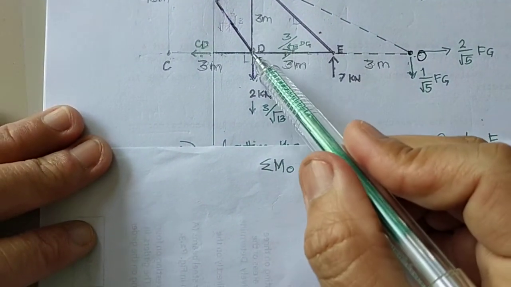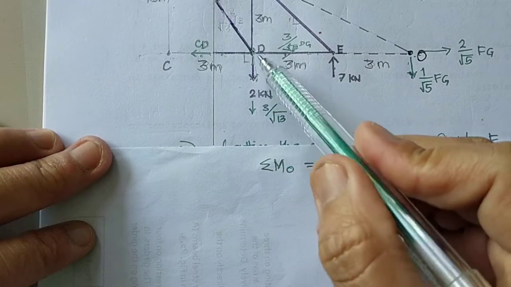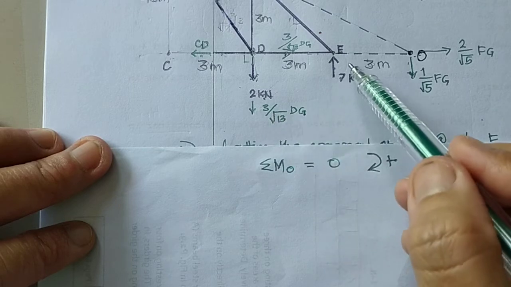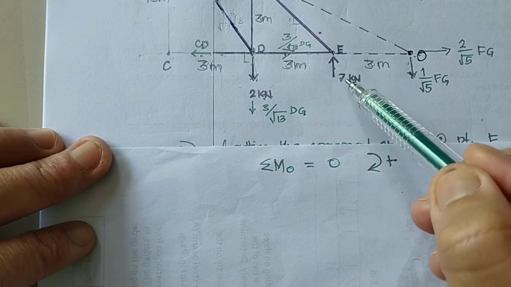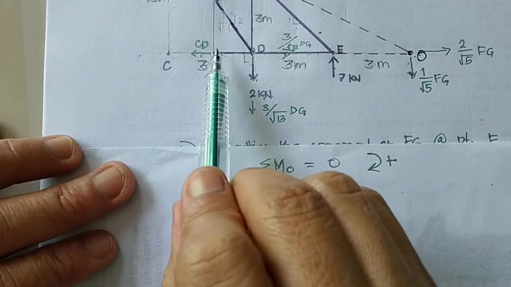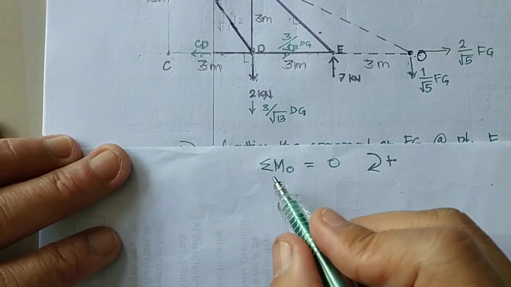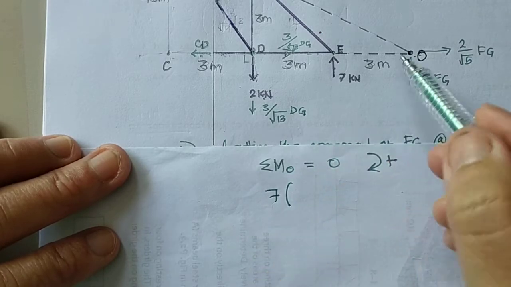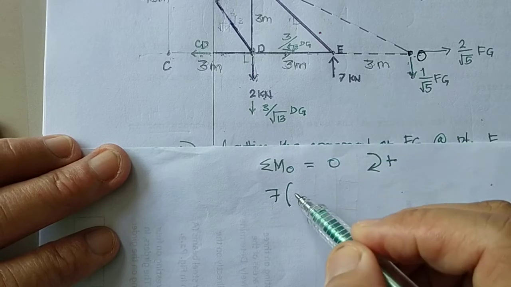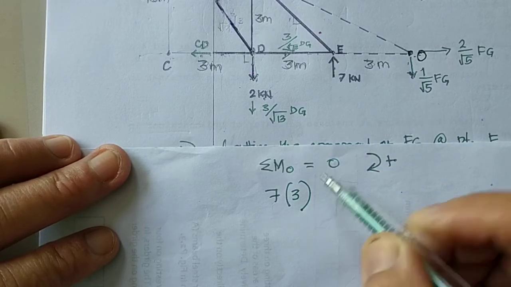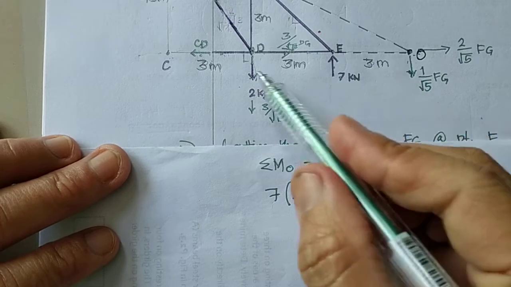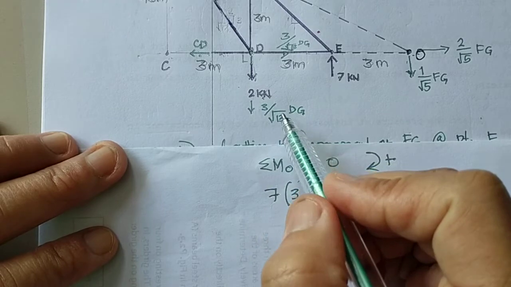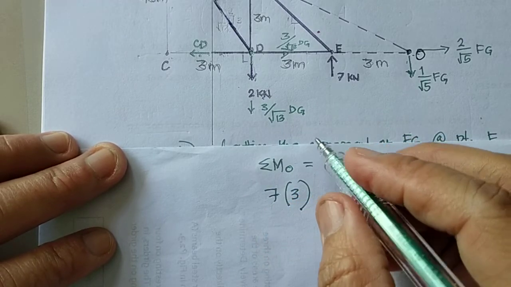So we have vertical forces here, the 2 kilonewton and the component of DG, and also at point E, 7. CD is 0. So 7 multiplied by 3 meters up to point O, counterclockwise. Then clockwise is 2 meters and the component of DG.